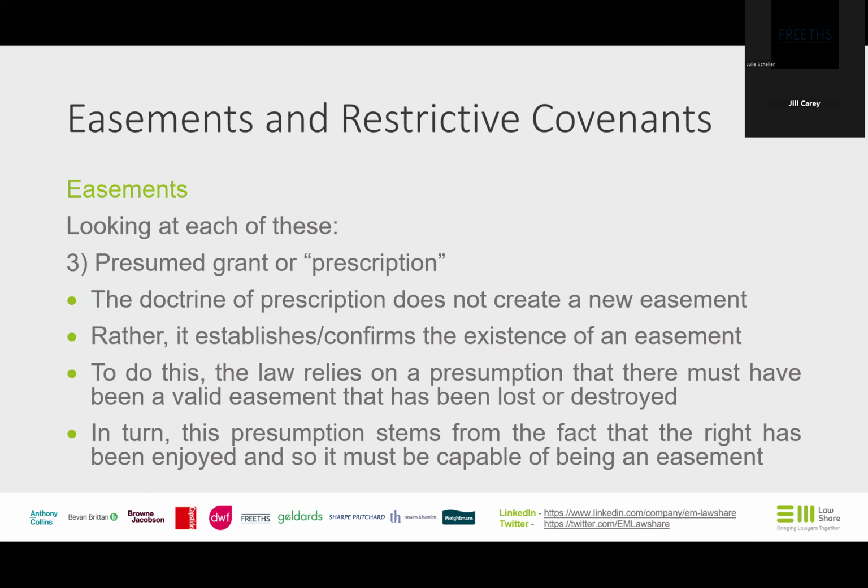That presumption in turn relies on the fact that it must be a right because it has been enjoyed over all those years. It must be capable of being an easement, for example a right of way. So the fact that you have been using it for so long, or your opponent has been using it for so long, is deemed in and of itself to be proof that a right of way is capable of being an easement.